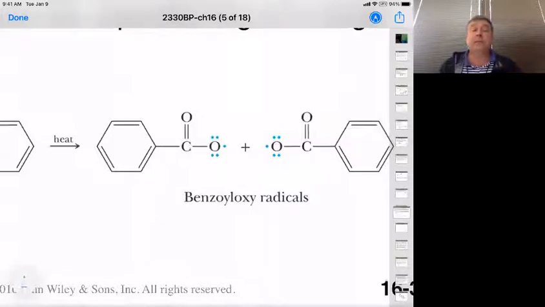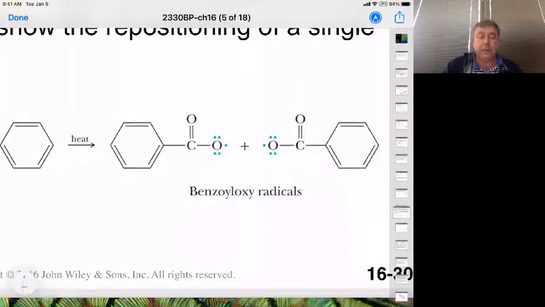Most of the mechanisms we've done up to now, we've had that break heterolytically, generating an anion and a cation. Here, we're actually going to break it and generate 2 radicals. Okay, so those radicals are the reactive species that lead into the propagation step.